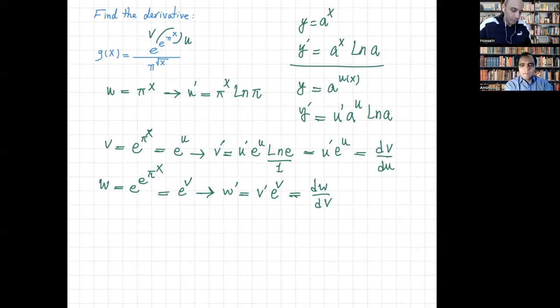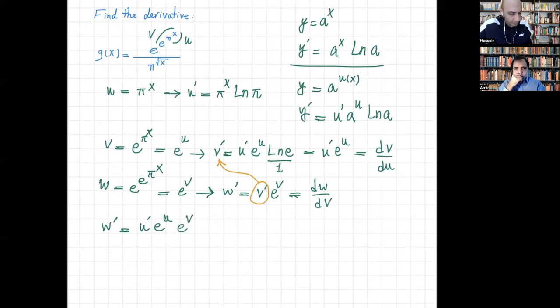And so I'm going to plug in the values of v prime and u prime from the equations that I wrote on the first and second lines. So w prime is equal to, for this v prime, I'm going to use the expression on the line above: u prime e to the u e to the v.